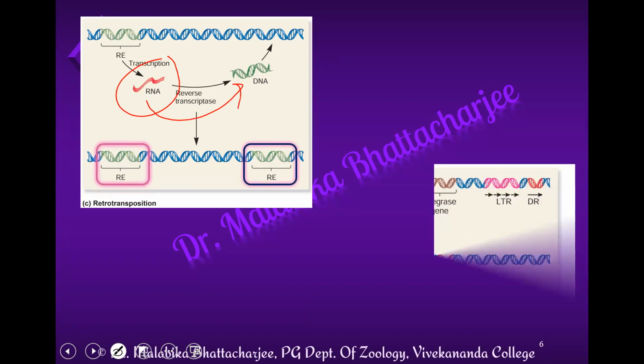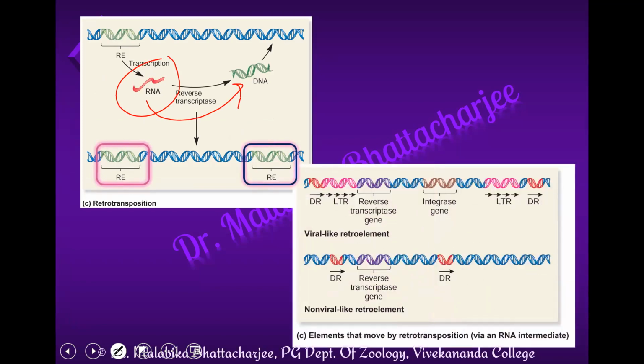So if we look into these elements, you can see that apart from having the reverse transcriptase gene, because this is essential, as you can see, the DNA itself is not coming out. So the need of a transposase gene does not arise, but the DNA should have a reverse transcriptase gene so that the RNA can make a DNA copy of itself.